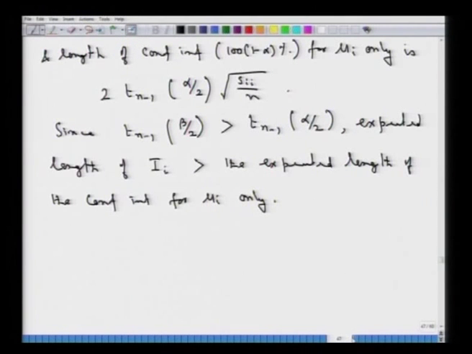Let us now look at the more general case, which is case 2, where suppose this sigma is not a diagonal matrix.